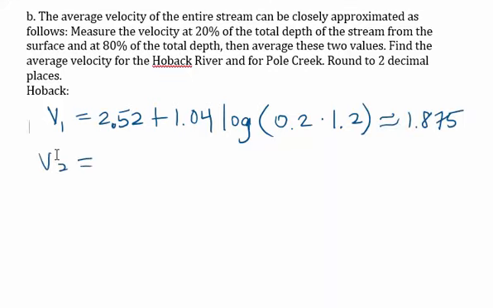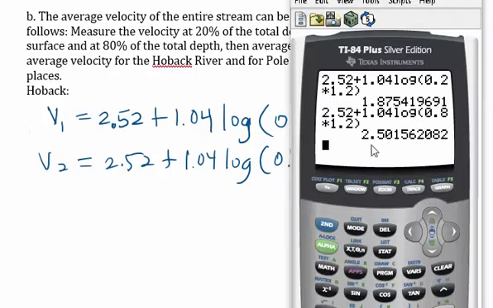And then to find the second velocity we're going to find a depth that's 80% of the total depth, so 2.52 plus 1.04 log of 0.8 times 1.2, okay, which is about 2.502.